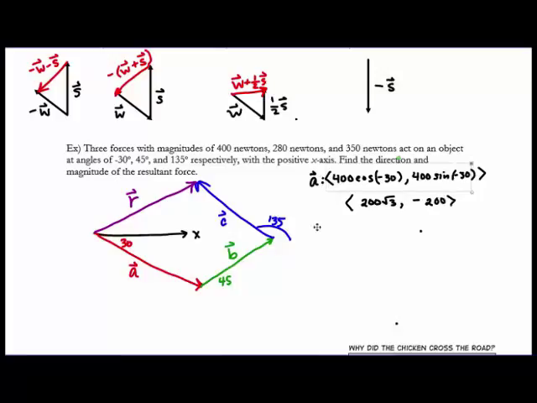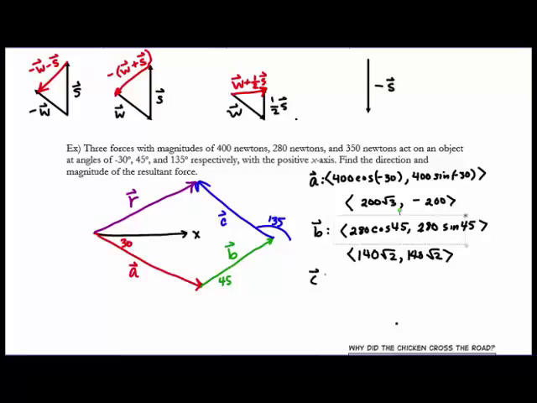And then if I want to find B, B is going to be 280 cosine 45, 280 sine 45, which is going to give me 140 root 2 and 140 root 2 here.